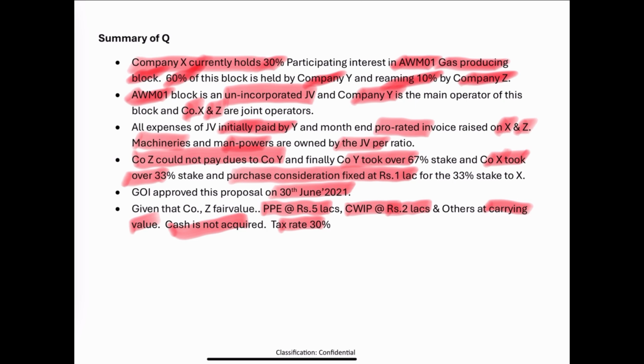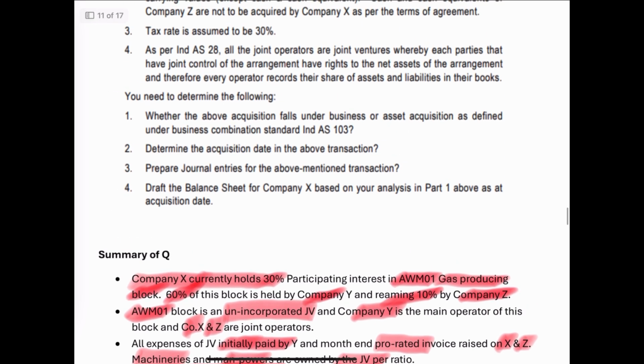Now we are required to determine whether this acquisition falls under business or asset acquisition as defined under the business combination standard, Ind AS 103. With the given information we have to see whether this acquisition will be a business combination or a mere asset acquisition as per the definitions under Ind AS 103.